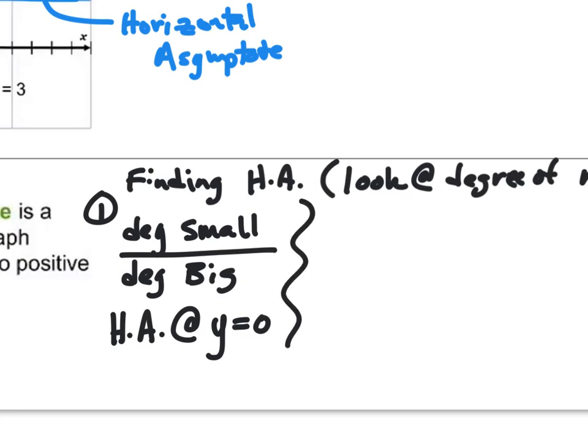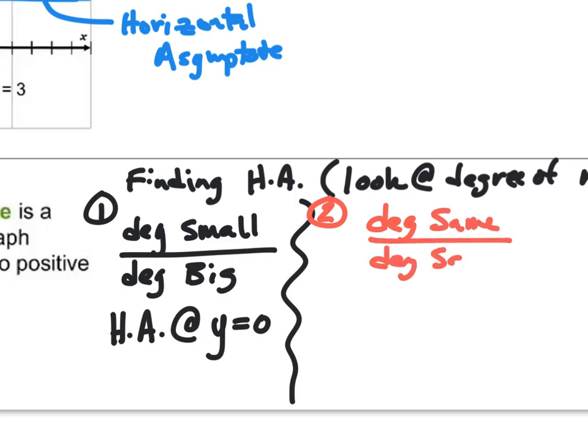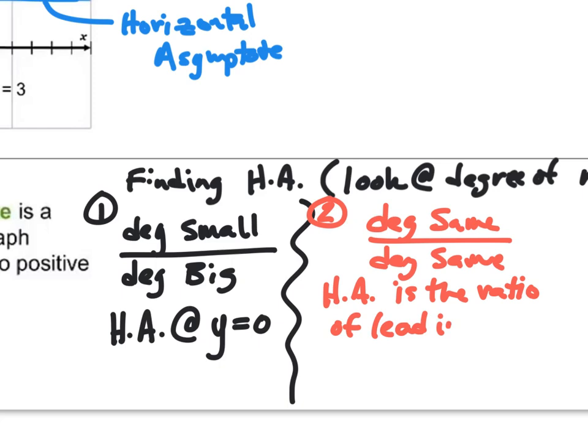The second option that we have is if the degree on the top is the same as the degree on the denominator. So if the degrees are the same, then the horizontal asymptote is the ratio of leading coefficients. We'll look at a bunch of examples on how to get that.